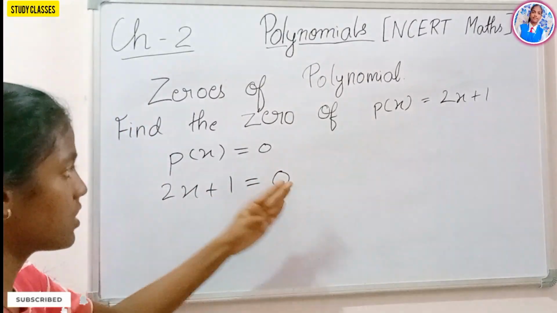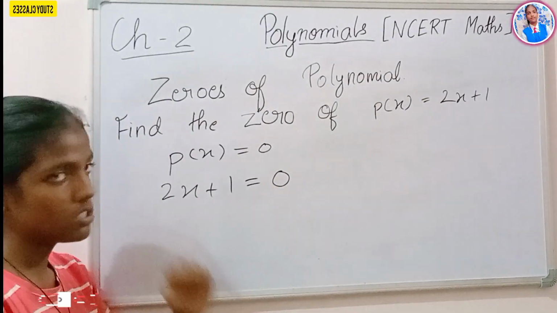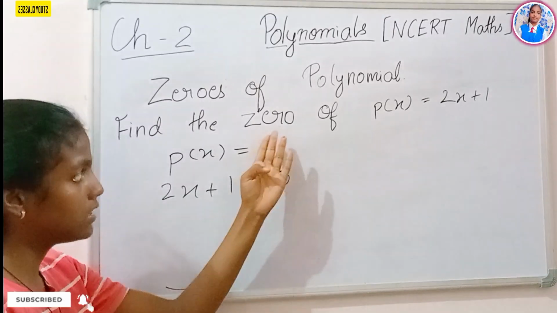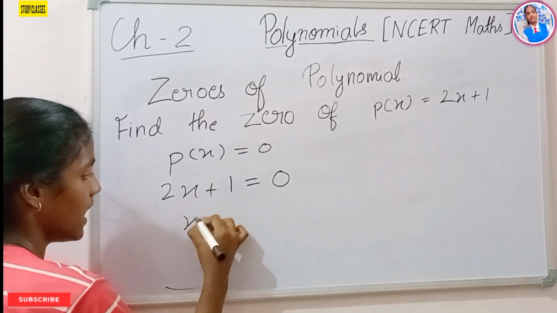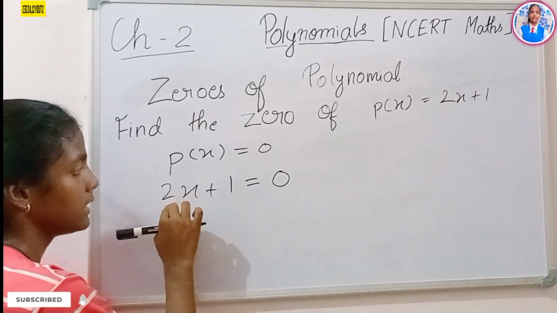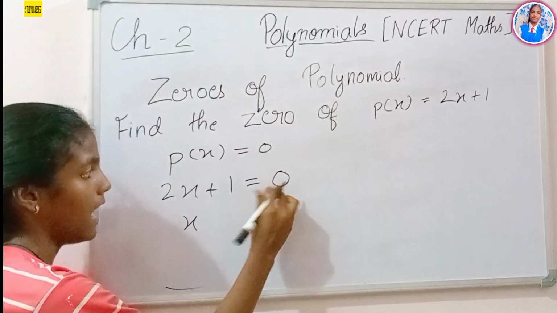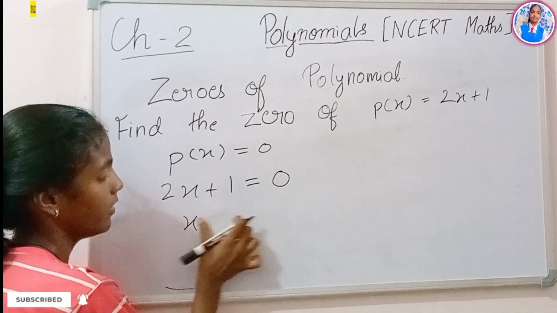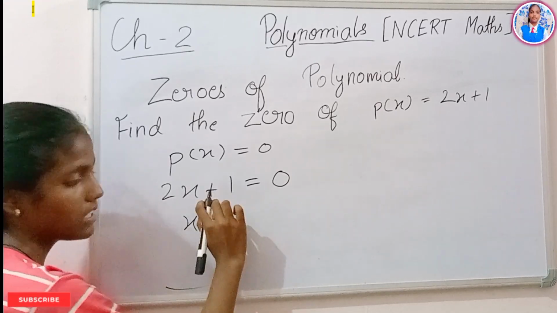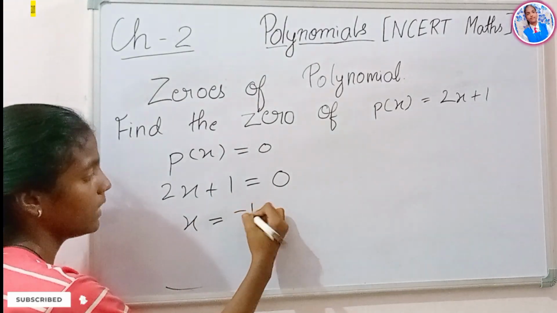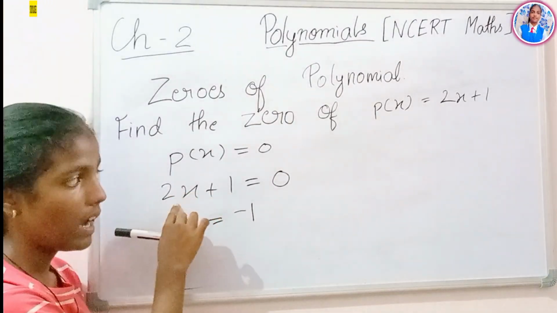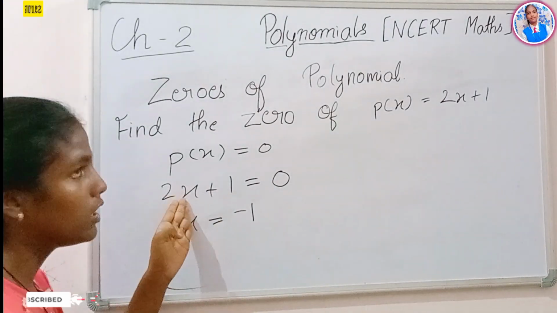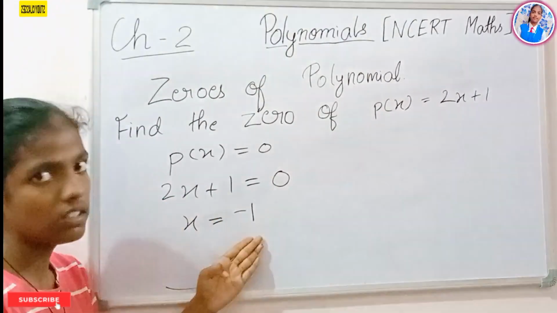So here an equation is formed: 2x plus 1 is equal to 0. We have to find the value of x, then only we will get the 0. So we will take x here, and if we move the 2 and 1 across, 0 will come there. So what will we get? x is equal to, this is plus 1, here it will become -1, and this is in multiplication, so when we move it from the left hand side to the right hand side, it will become division.